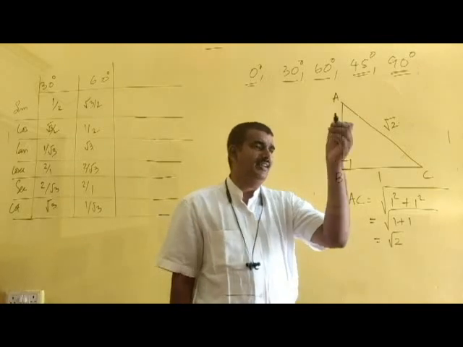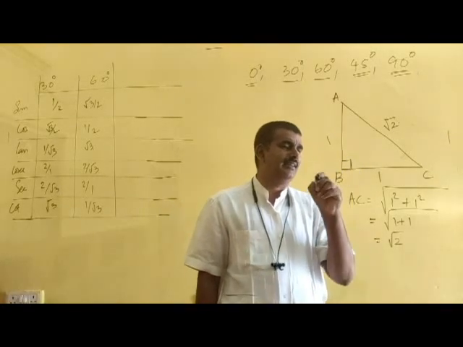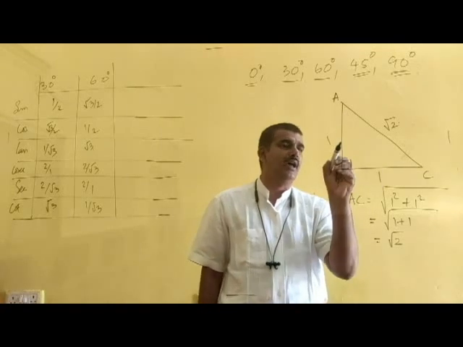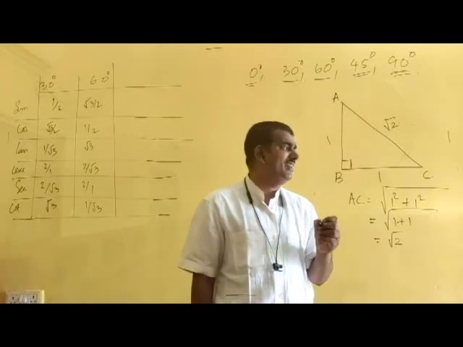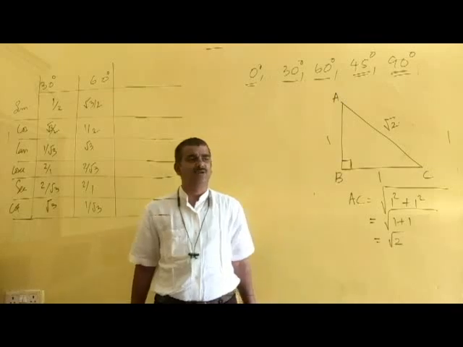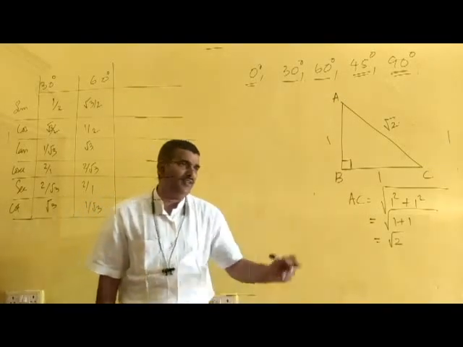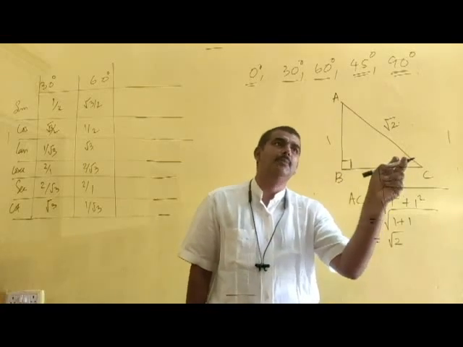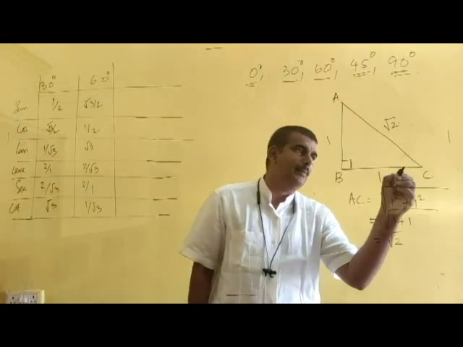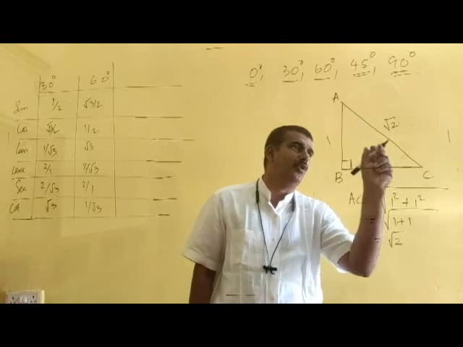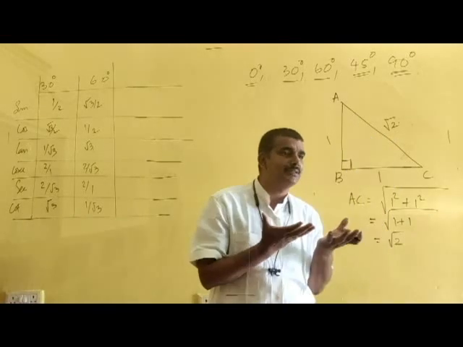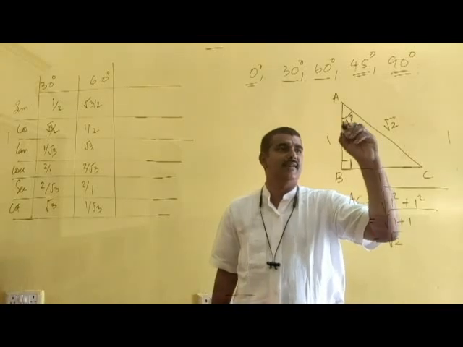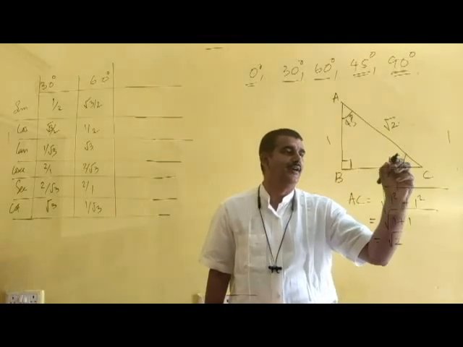And in an isosceles right angled triangle, the angles opposite to the equal sides must be equal. So if it is 90, the sum of these two is also 90, and both are equal. That means one angle is 90 by 2, that is 45 degree. This is also 45 degree.